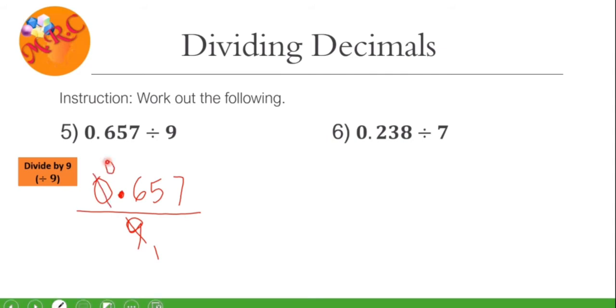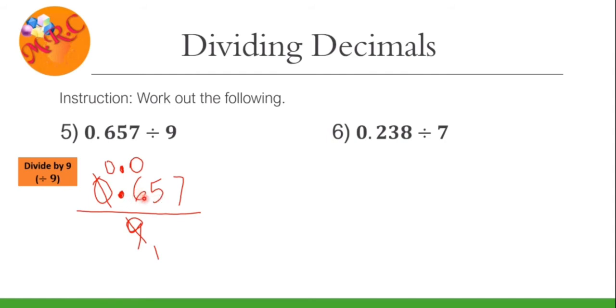We're crossing over the decimal point, so it needs to come back here. Then we're going to say 9 into 6. Can I take a set of 9 out of 6? No. So that's just 0, right? Now I'm going to go ahead and say 9 into 65 now.